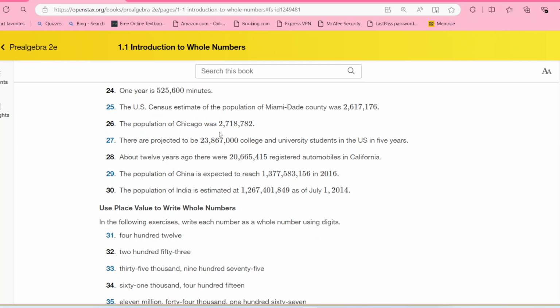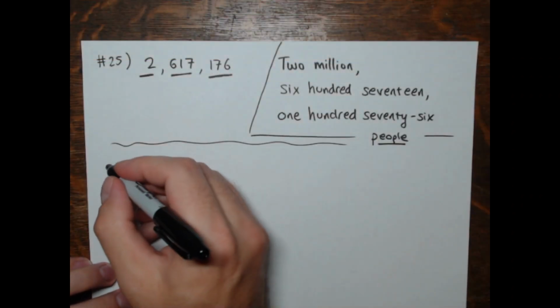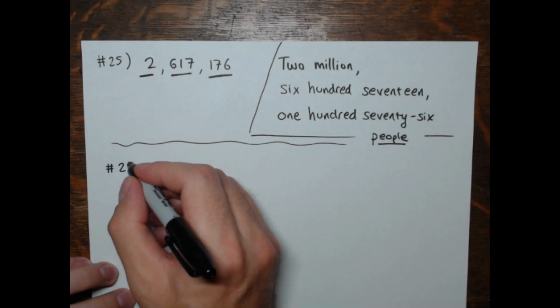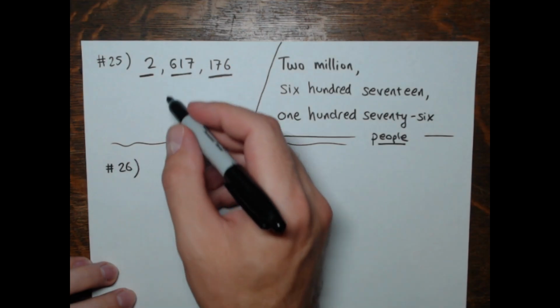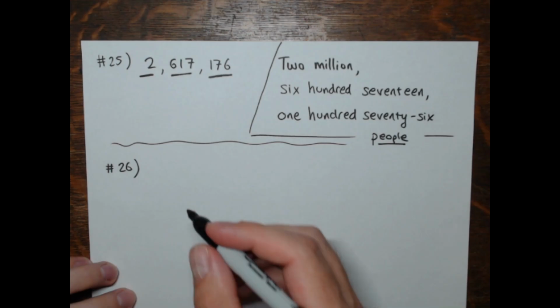Number 26, another population, right? So this is a number of people. And the population of Chicago was 2,718,782. Right. So number 26. So pretty close to Miami-Dade County here.